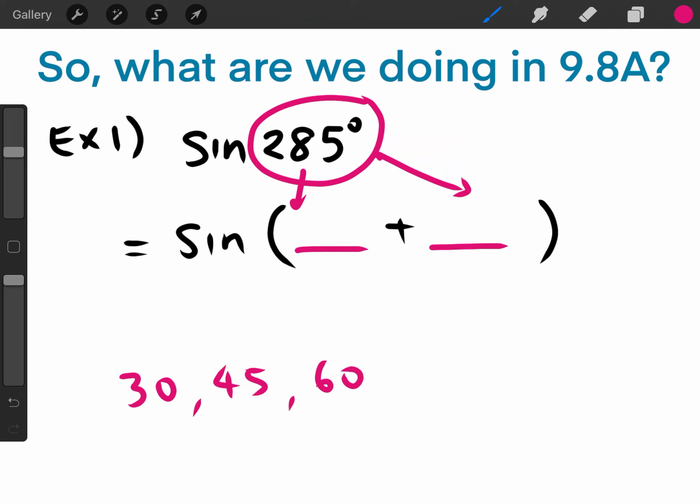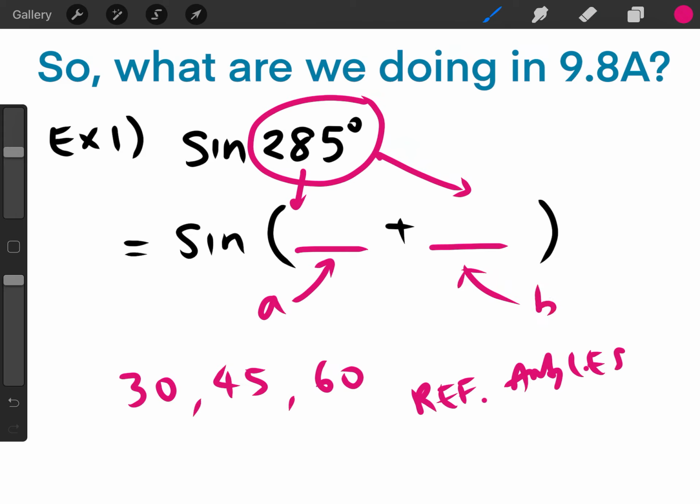This is what I want you to think of. You're going to give me two different angle measures that sum to 285 degrees.